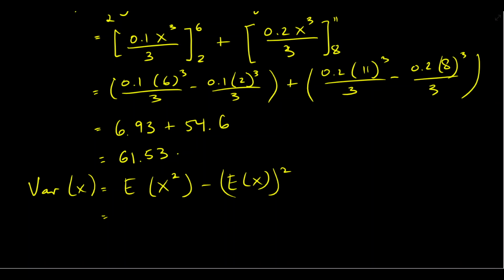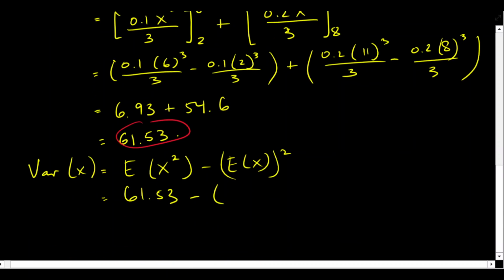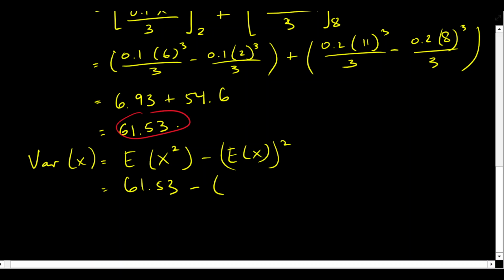So we just found for x square equals to 61.53, minus the expected value of x that we calculated above to be 7.3, squared.